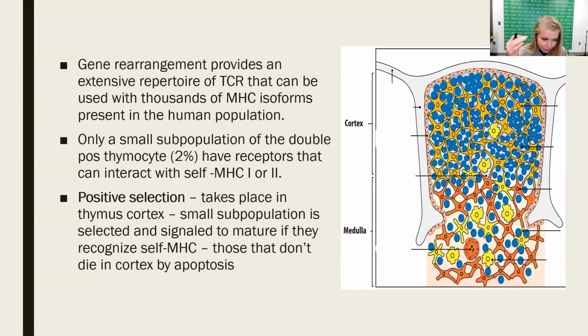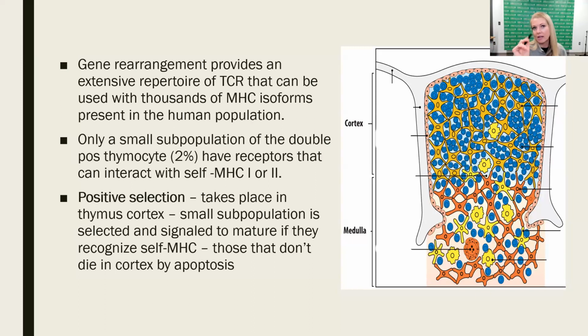But only a small subset of the T cells that are made are going to have receptors that can recognize self-MHC. So T cells have to be positively selected for those that can recognize self-MHC isoforms, but not too strongly.